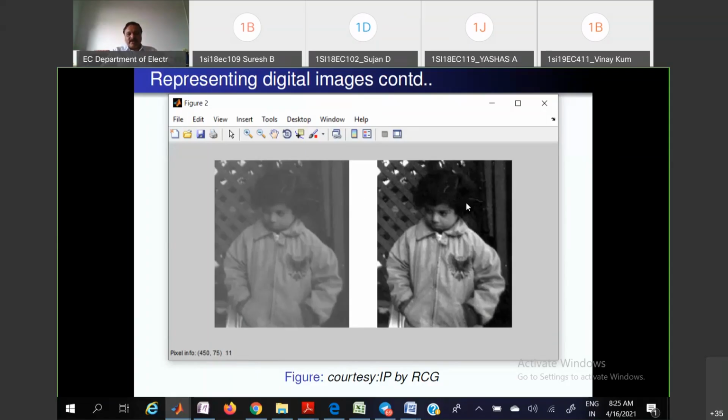So the gray level ranges from minimum 0 to maximum 255, whereas here the difference between minimum and maximum is less. That is why this image looks dull when compared to this. So we call the right hand side image a high contrast image, and this a low contrast image. That means there is not much change between the minimum gray level and the maximum gray level.